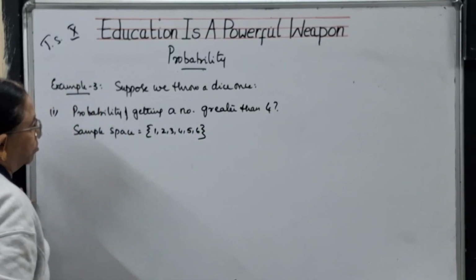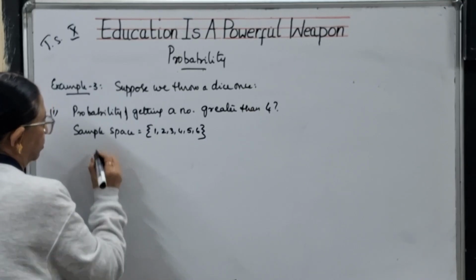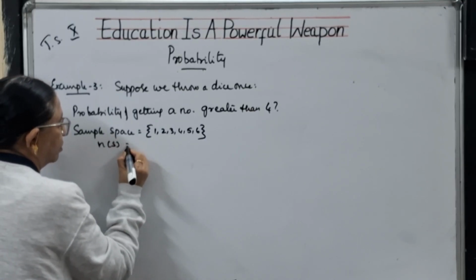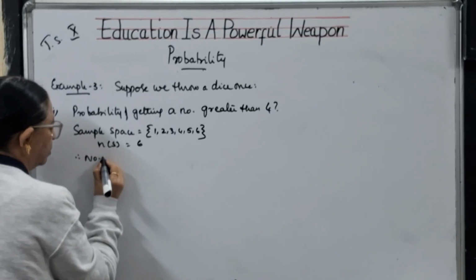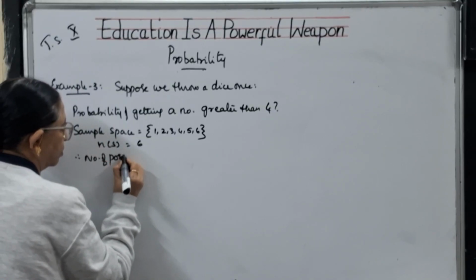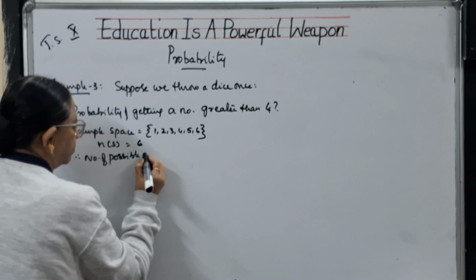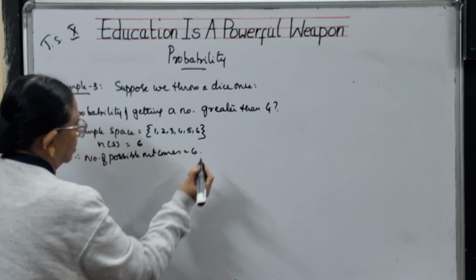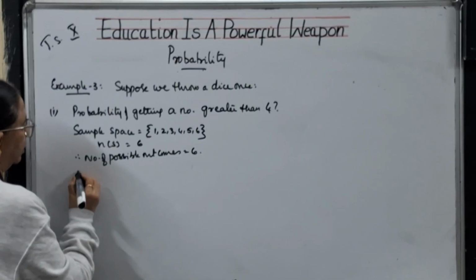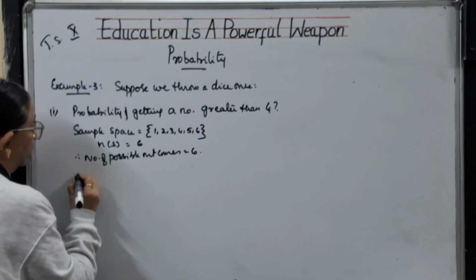Any number can come out when you are throwing a dice. That means n of S is how many? 6 numbers. So the number of possible outcomes are 6.